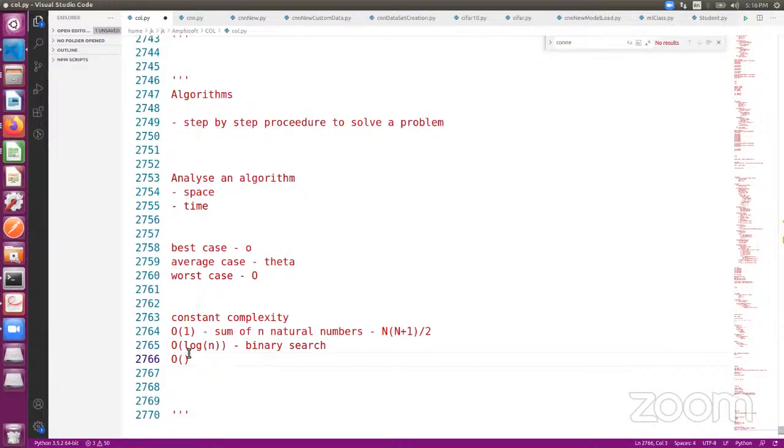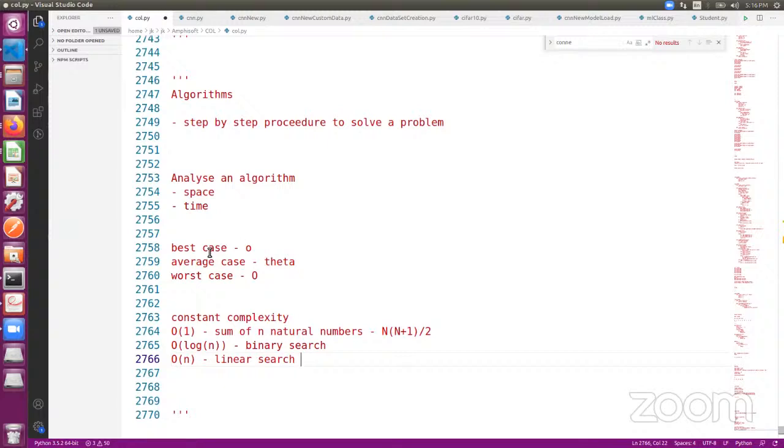Yes, what is the next higher complexity? It is order of n. Okay, so any example for order of n algorithm? Linear search. Yeah, linear search. So just now we discussed, right?